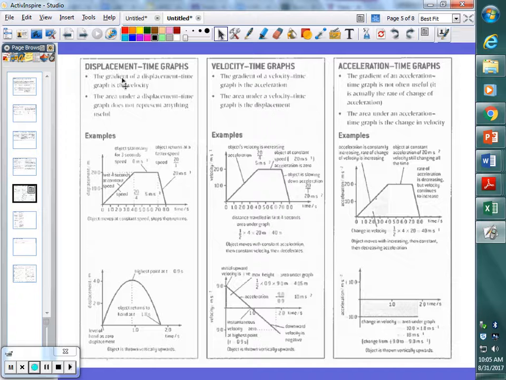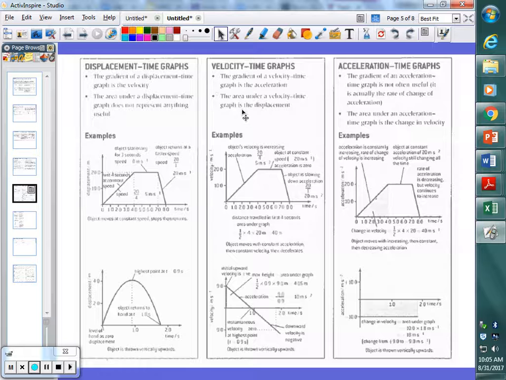On a displacement graph, the slope is the velocity, but if we were to find the area of this triangle right here, this rectangle right here, and then this triangle right here, physically that has no meaning. Mathematically we could do it, but physically it doesn't mean anything. When we get to the velocity, that changes.